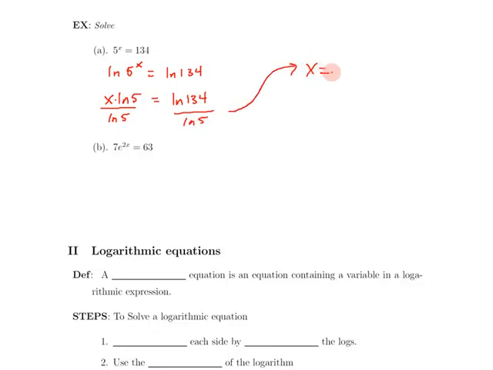So x is the natural log of 134 divided by the natural log of 5, which I plug into my calculator. Take 134 natural log divided by natural log of 5 gives me 3.04.